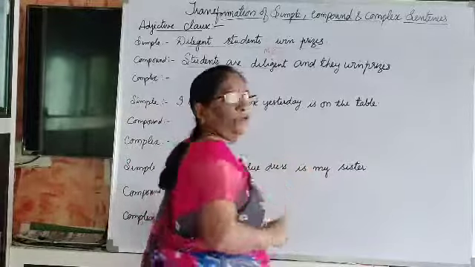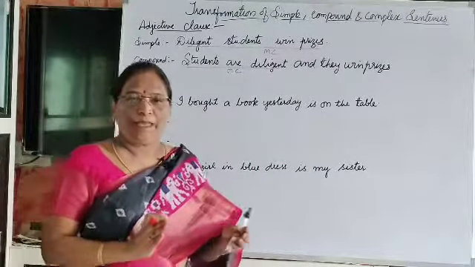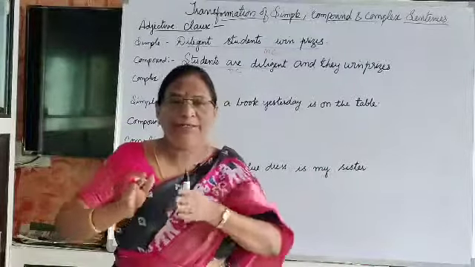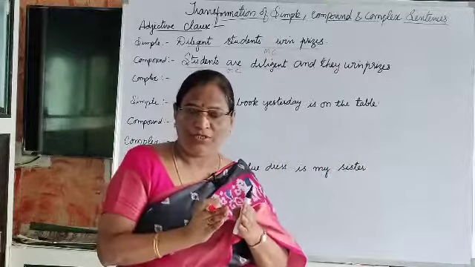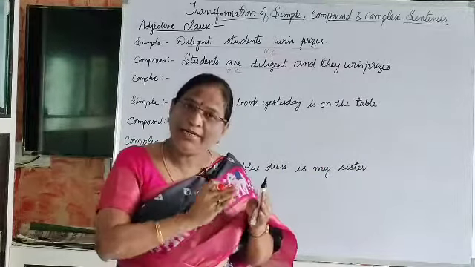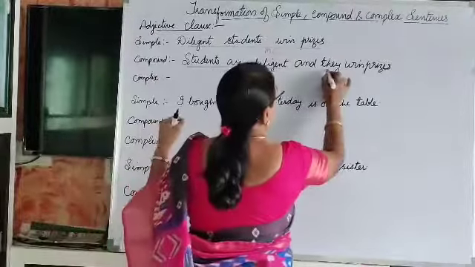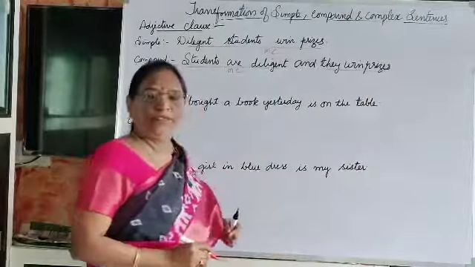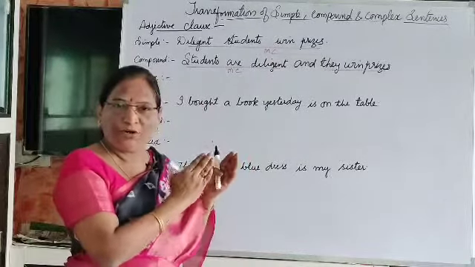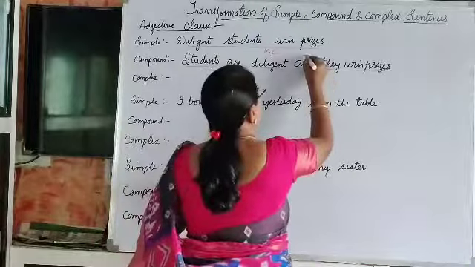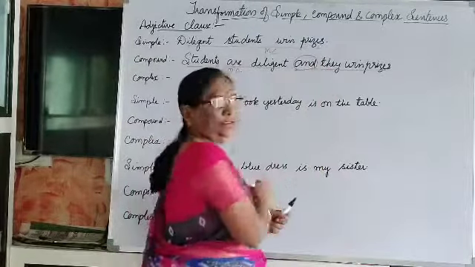And one more thing, all of you know that a compound sentence has two independent clauses, and we join these two independent clauses by using a coordinate conjunction. See here, this is an independent clause and "they win prizes" is also an independent clause, but we are joining these two by using a conjunction, that is "and they win prizes".